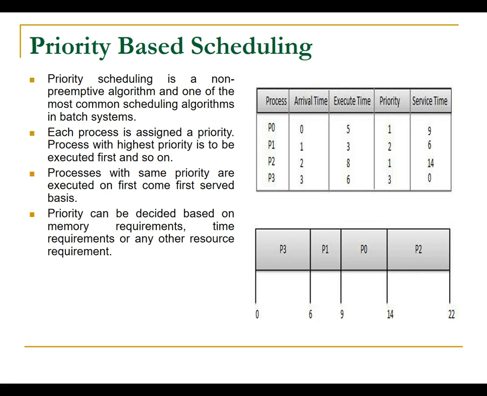What does it mean? It means that priority scheduling is a non-preemptive algorithm and one of the most common scheduling algorithms in the batch system. Our current operating systems obviously use the concept of a batch operating system.